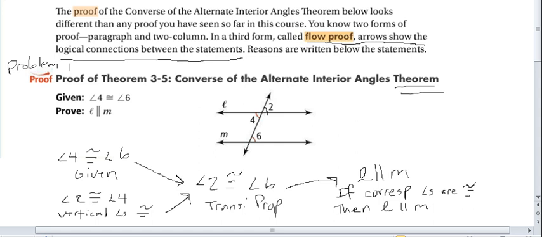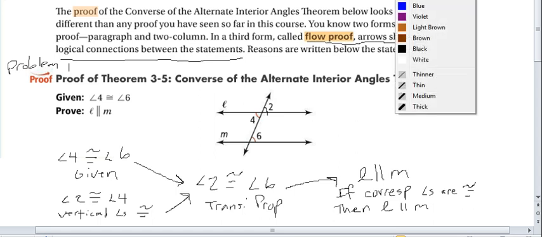And that's exactly what our alternate interior angles theorem is saying. 4 and 6 are alternate interior angles, which means that the lines are parallel. How do we prove that? Because we proved that 2 and 6 are corresponding angles and that they are congruent. So if those two are congruent, it must mean that the two lines are parallel.